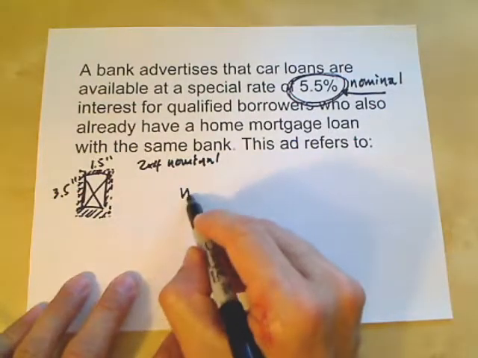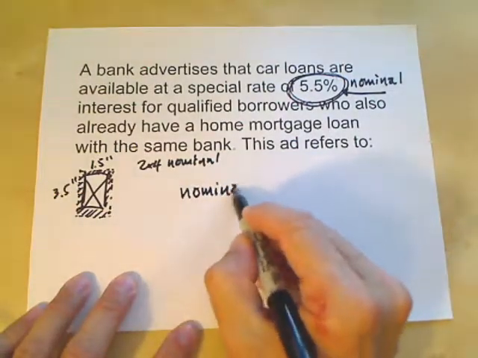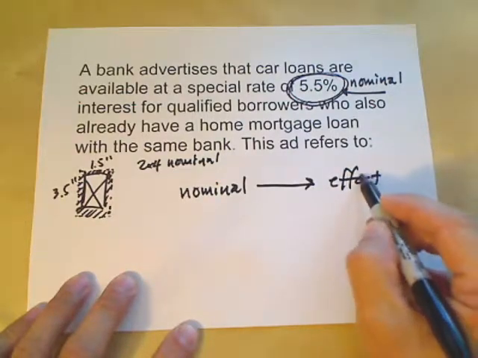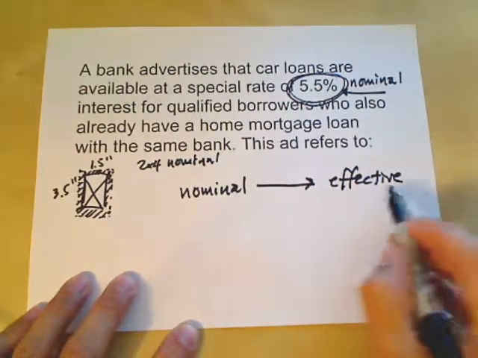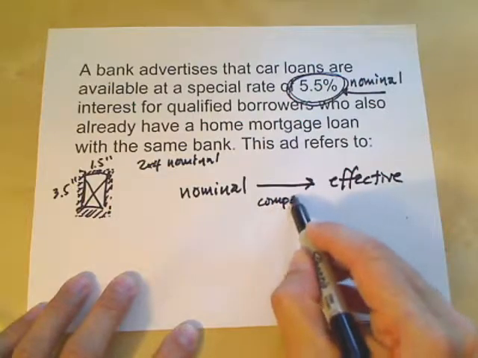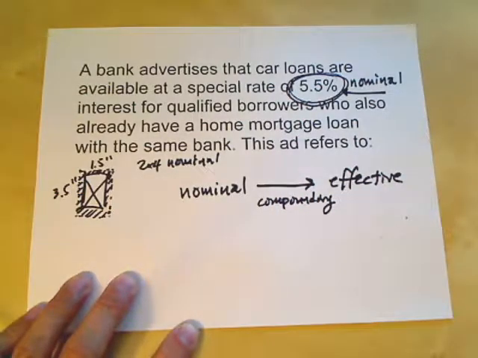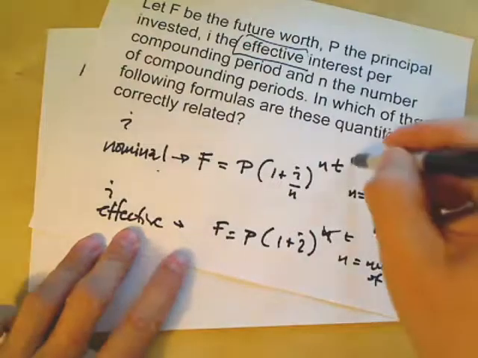The difference between nominal and effective. Effective is what you actually owe, or what you actually collect, with compounding. And I introduced you to the way that we account for compounding in this formula.